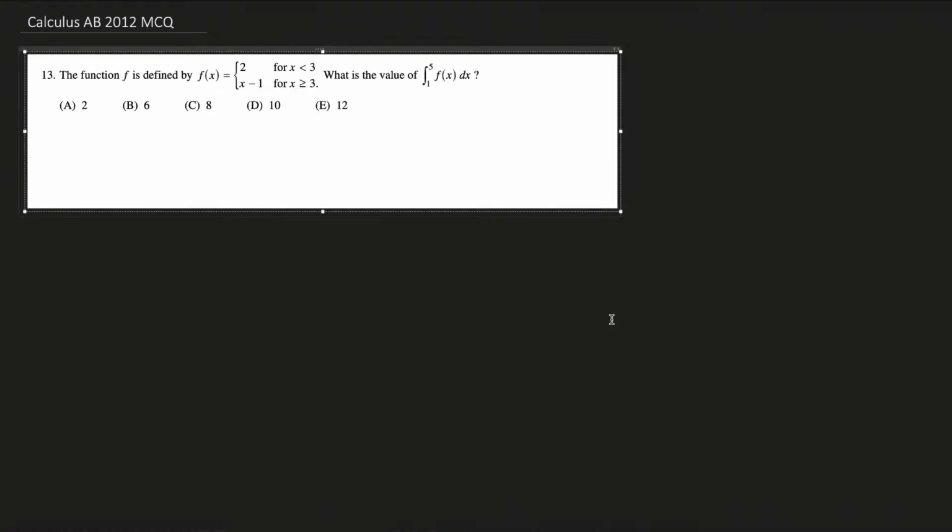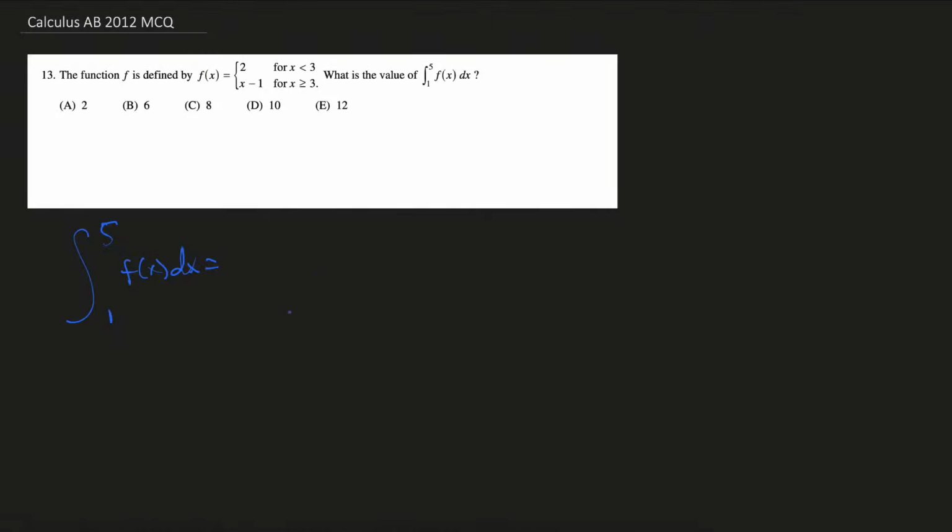All right, number 13. The function f is defined by f of x is equal to 2 for x less than 3, and x minus 1 for x greater than 3. What is the value of the integral from 1 to 5 of f of x dx? For this function, I just like to split up the integral.